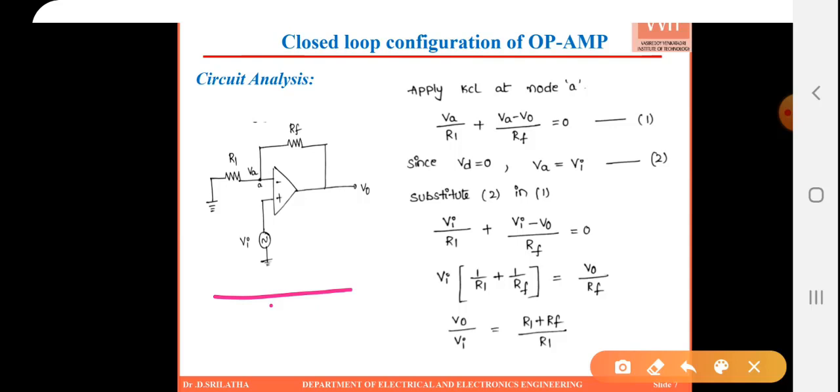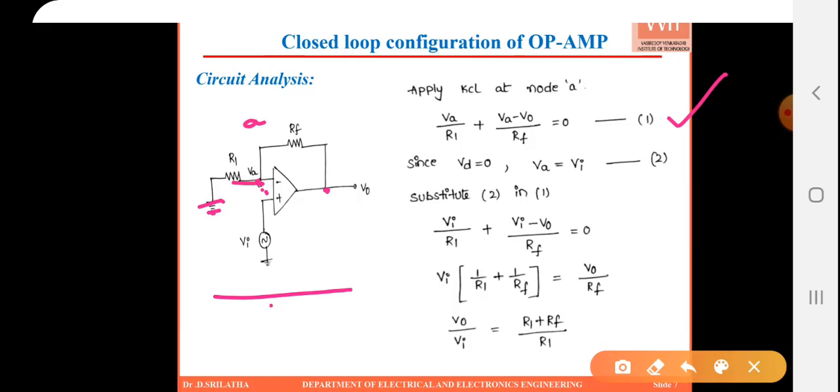Now, I am going to apply KCL at this node A. This is node A. It is grounded through R1, and here one more point, V naught, is connected. Now, let VA be the voltage at node A, then apply KCL. So, here it is VA by R1 and VA minus V naught by RF.